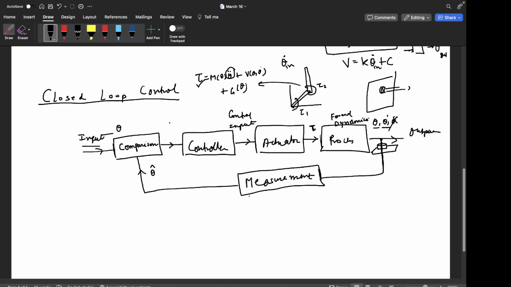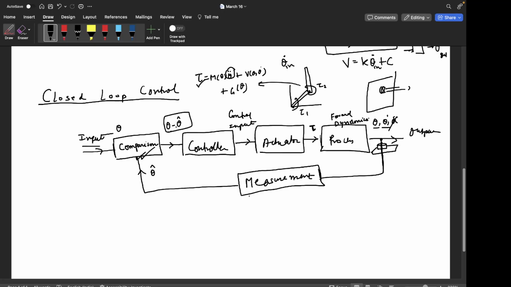Then the usual thing is to take the difference between them, right? A very common approach. So theta minus theta hat. So this comparison is happening here, and then this difference is used. Maybe a simple way is to just scale it and add it to the torque, which is the proportional and derivative controller, which we will see. But it can be used in multiple ways.